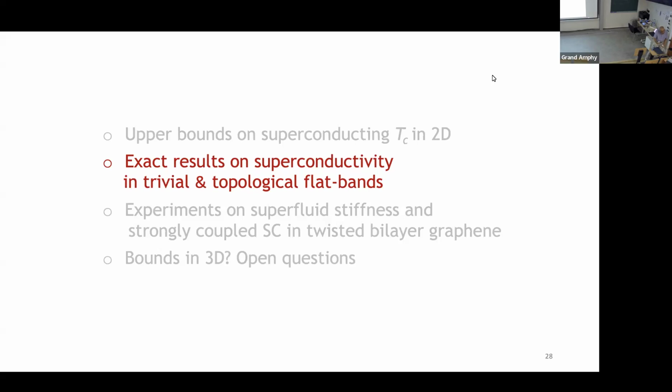So D tilde is the bound of the stiffness. So the focus here is how to calculate the D tilde? Yes. Because DS is hard to calculate. D tilde is easier to calculate. And D tilde has a physical meaning. It's the total optical spectral weight. If you can estimate that, you can't condense more than that into the delta function at the origin.